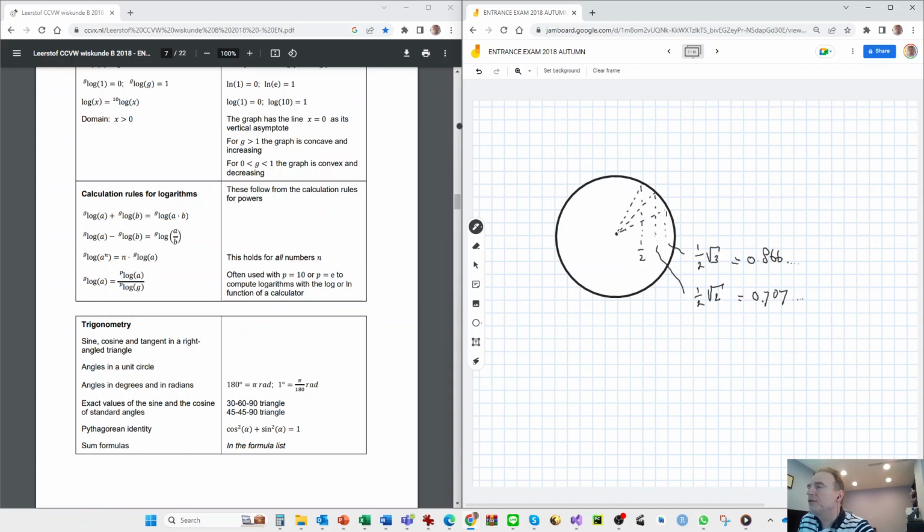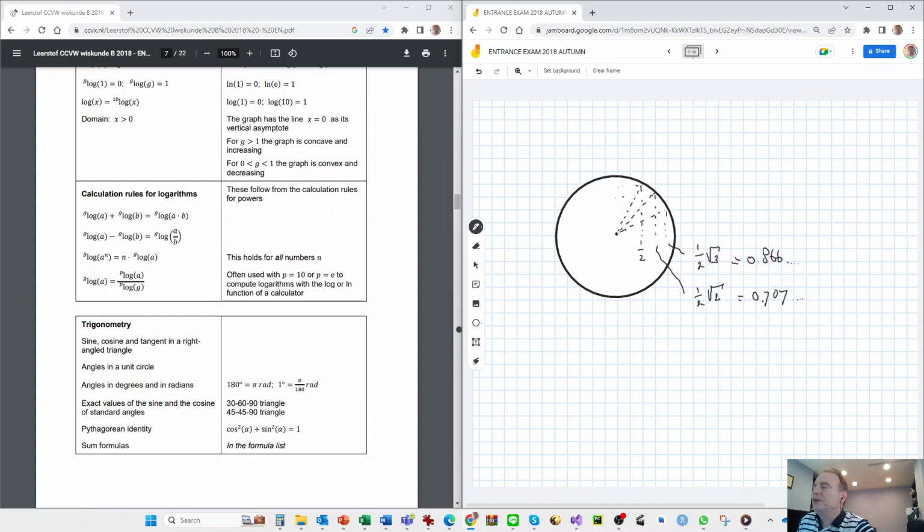If I go to 45 degrees, you end up here at 1/2 square root of 2. And 60 degrees ends up at exactly 1/2. It's the same for the sine, which is the projection on the y-axis. And this is best to all remember.